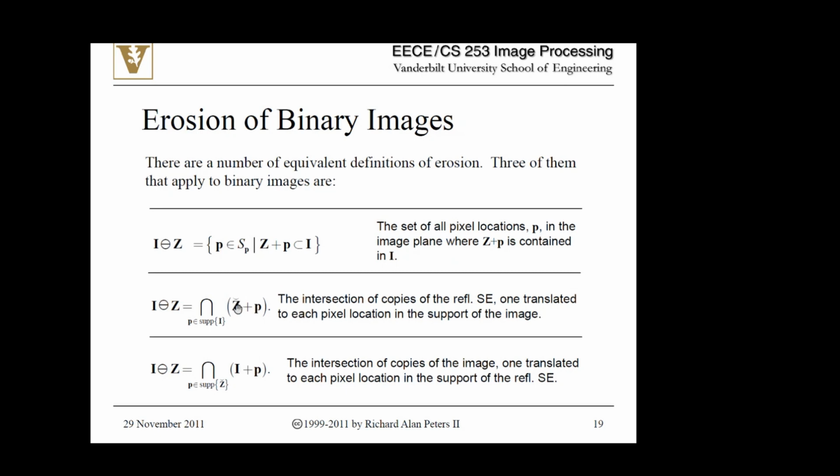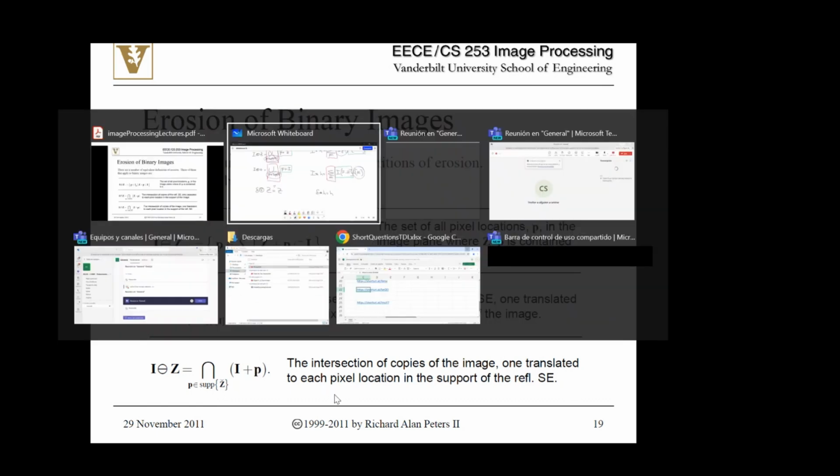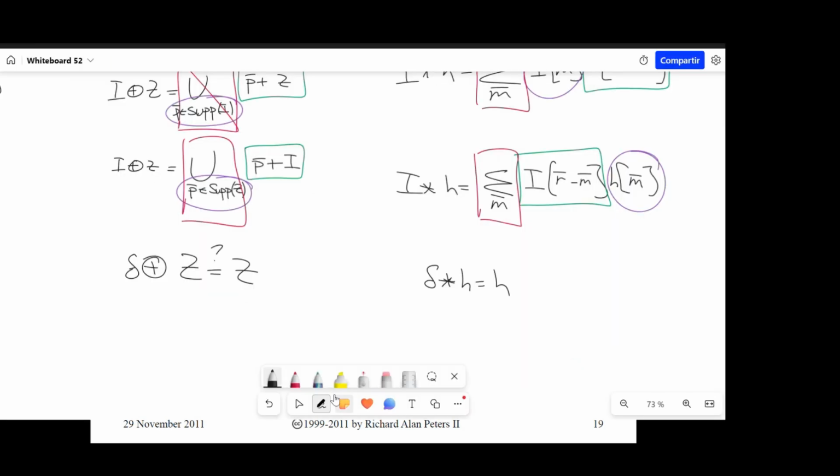You shift the structuring element to the location of b, and you compute the intersection of all the points of the support of the reflected kernel or image shifted to b. So that's this point.